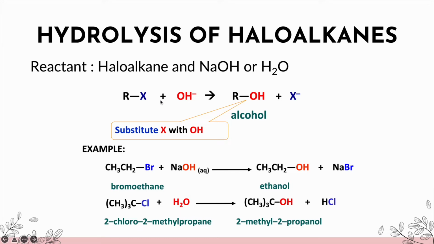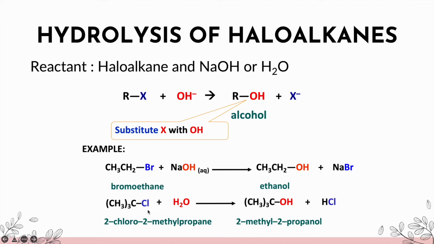Okay, we can also use NaOH as well. So we have haloalkane, for example, bromoethane here reacts with NaOH. The OH will replace the Br. OH will replace the Br, and here alcohol will produce and NaBr.